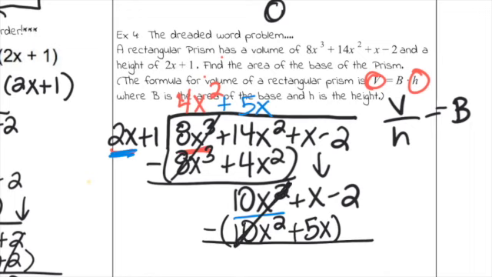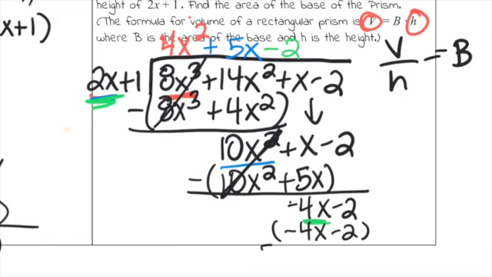And x minus 5x is going to be negative 4x minus 2. So repeat. What do you need to multiply 2x by to give you negative 4x minus 2? That's going to be minus 2, and that's going to give me negative 4x minus 2. If I subtract that, that is going to cancel the 4x's and the minus 2, so I have a remainder of 0.